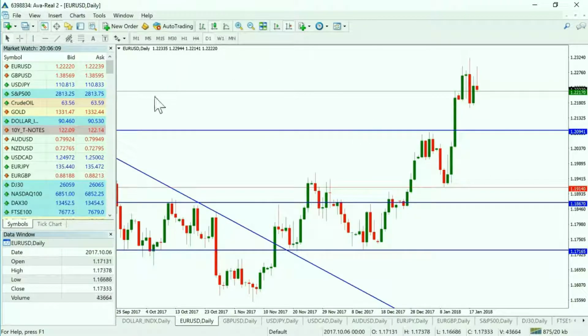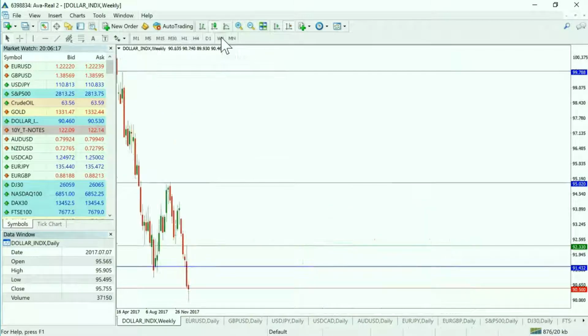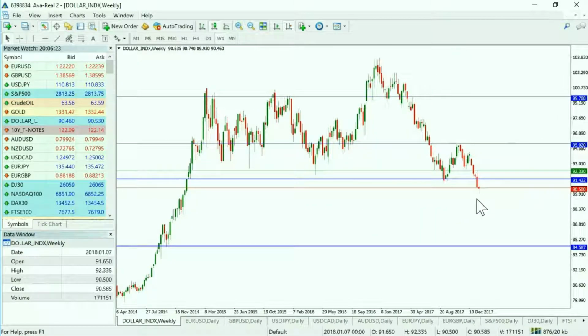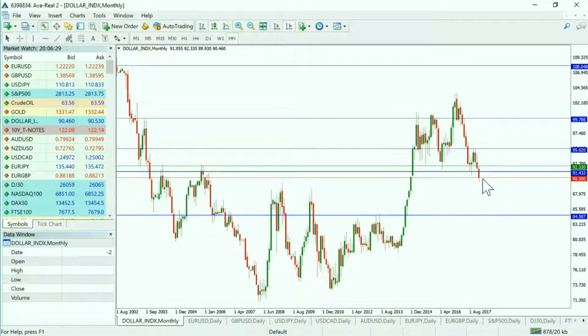So moving along then to the euro dollar. What I will do for the purpose of consistency, sorry, if I just go back to the dollar index, there's a little bit of a weekly rejection. And then if we look at it on the monthly, it's still looking pretty strong to the downside on the monthly candlestick.